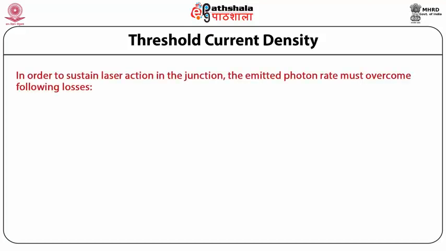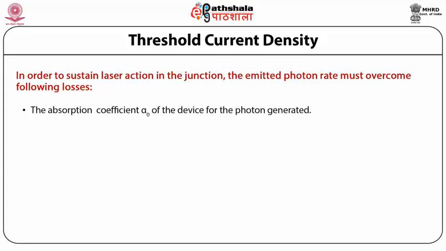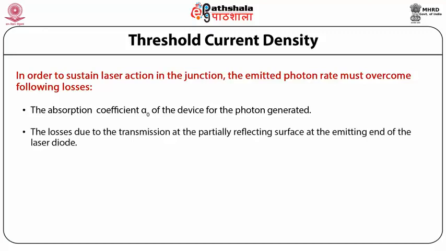In order to sustain the laser action in the junction, the emitted photon rate must overcome the following losses: the absorption coefficient alpha naught of the device for the photon generated. The second, the losses due to the transmission at the partially reflecting surface at the emitting end of the laser diode.